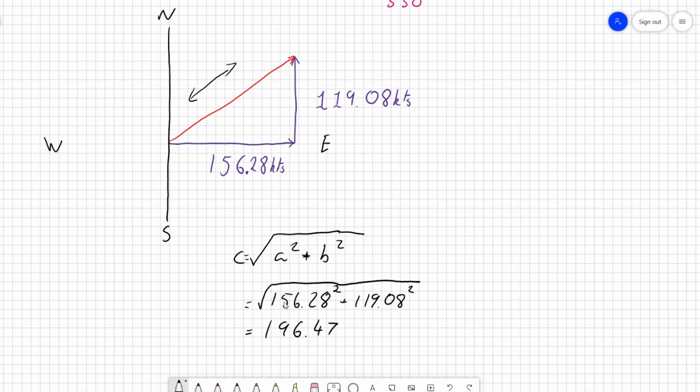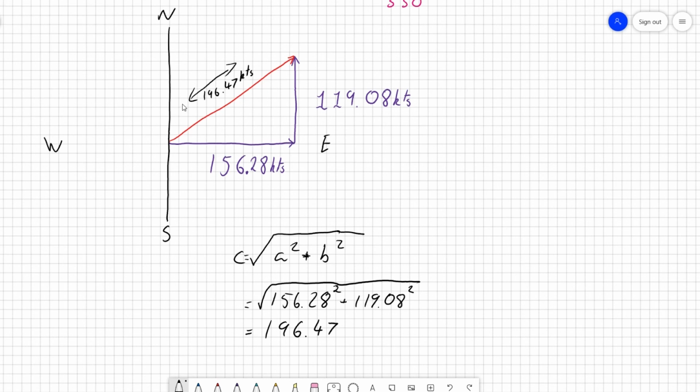Of course, if we were doing this for the exams that you guys are sitting, we're going to be working that out by hand. Okay, so I now have the length, or the strength, or the airspeed of this line here, which is going to be 196.47 knots.